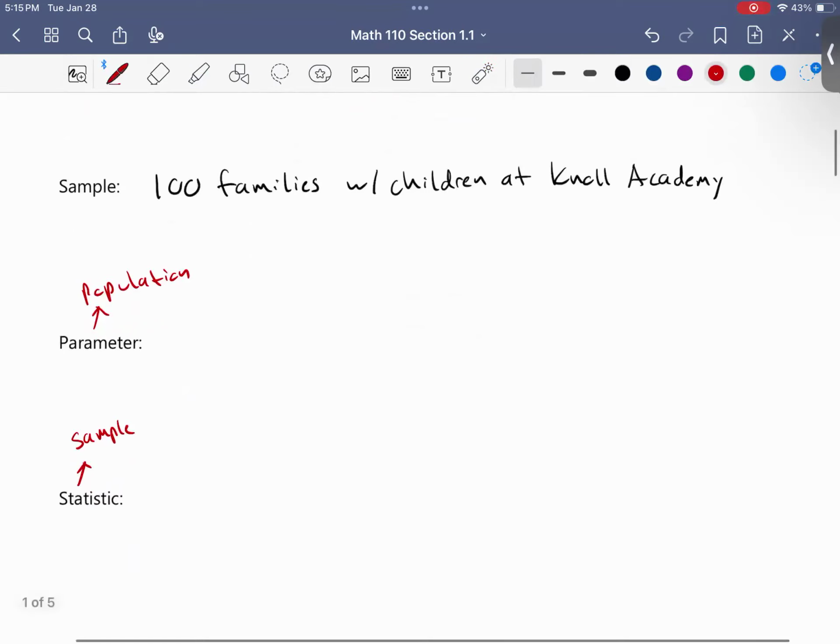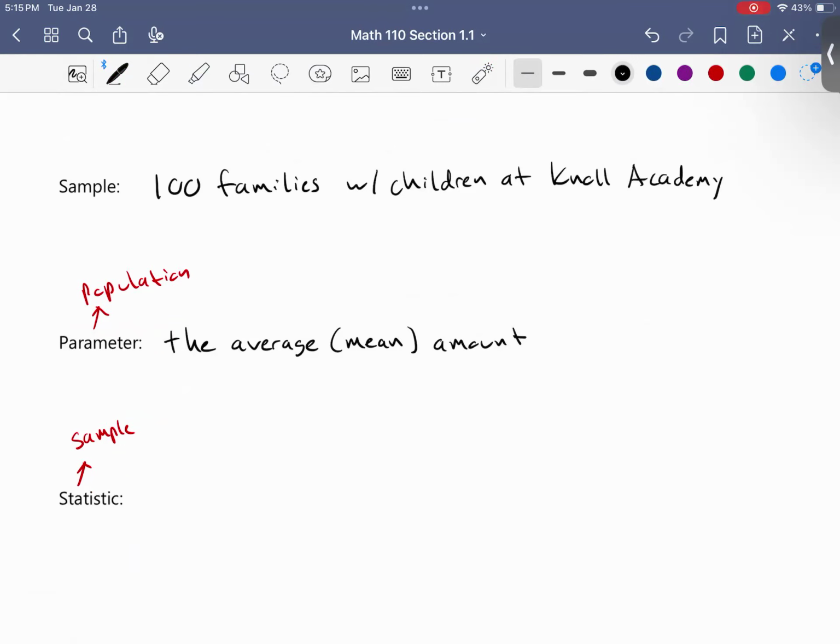So let's go ahead and write that out in a good statement. What we would say is the average, or mean, they mean the same exact thing, amount of money spent on school uniforms each year by all families.